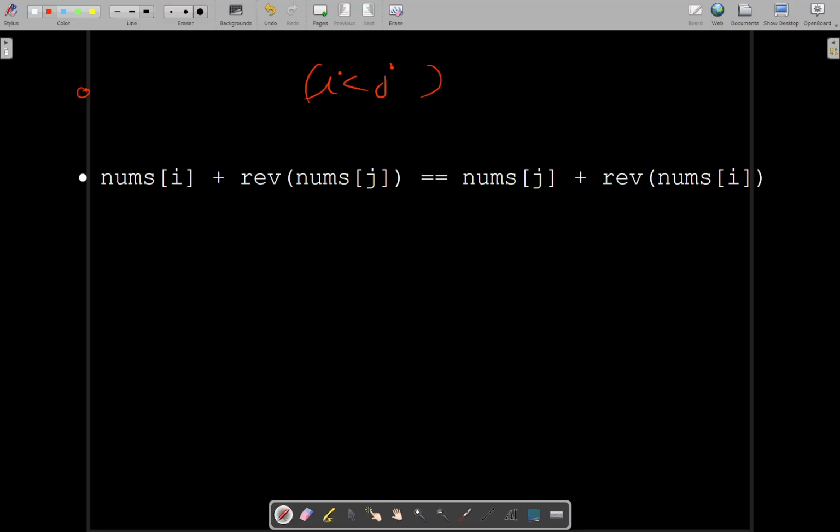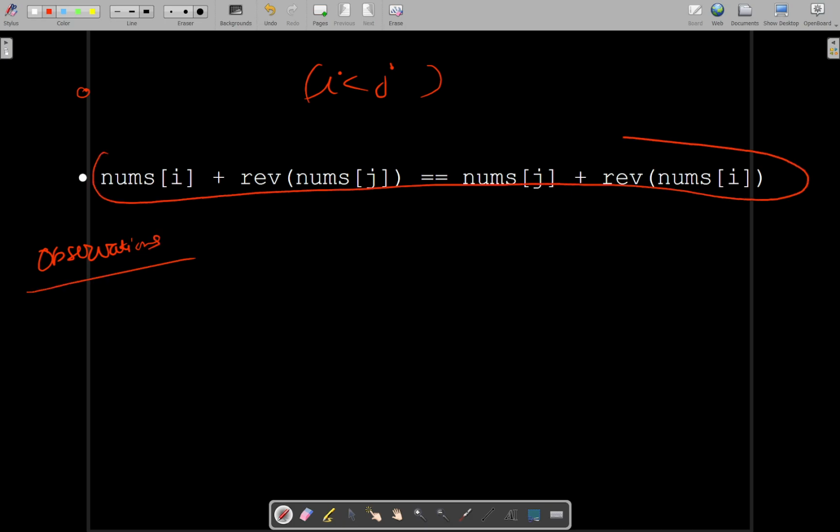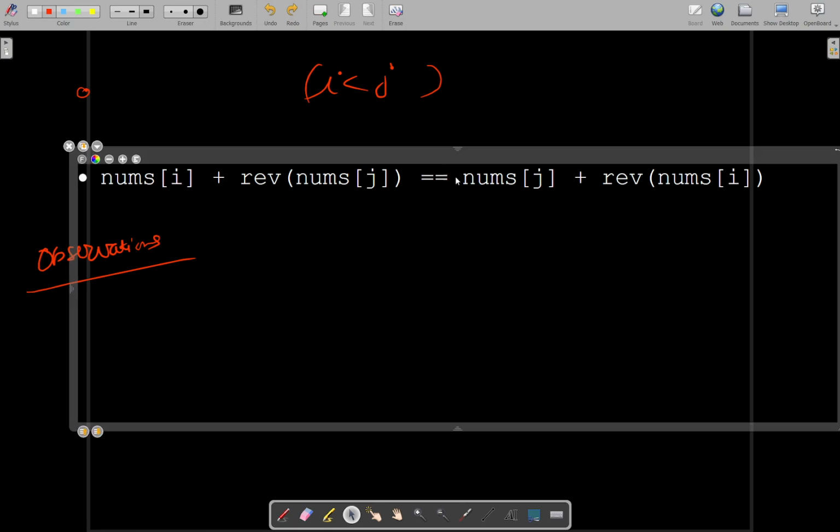Okay. So first of all, if we make some observations, we can rearrange this equation. How can we rearrange? We can take this particular expression and take it to the left hand side.